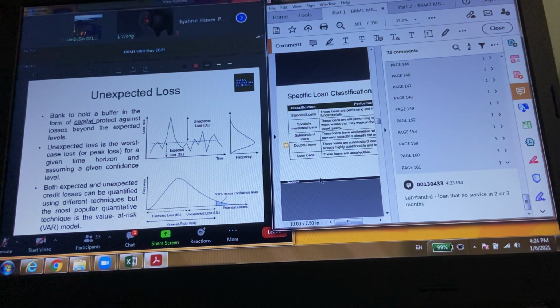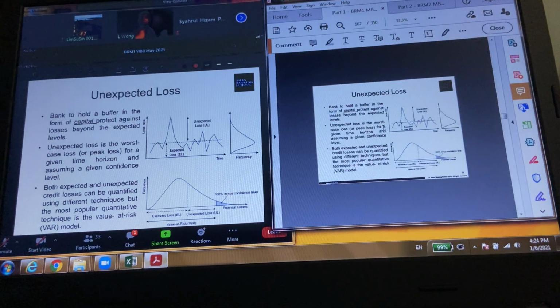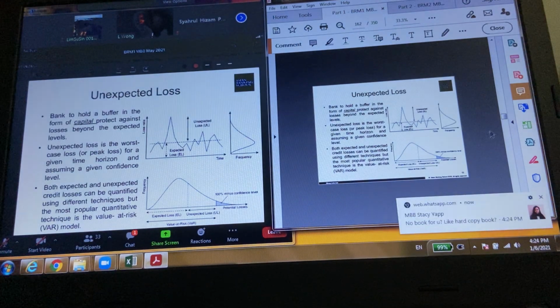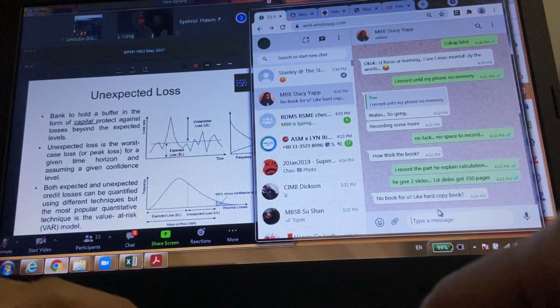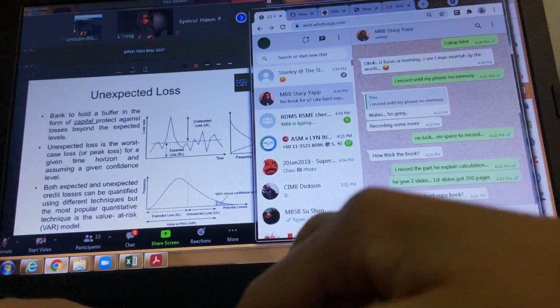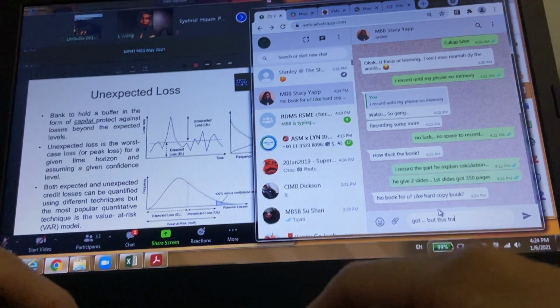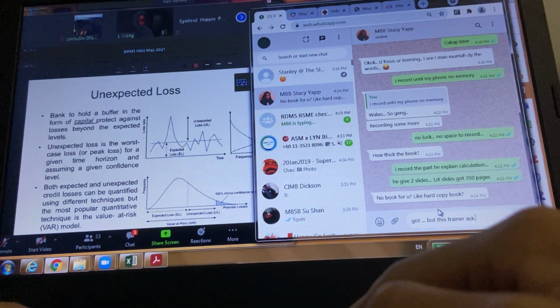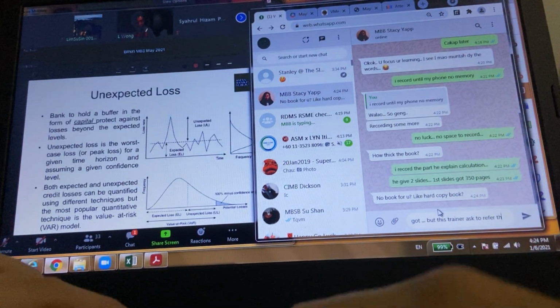In computation, we call it the mean loss, not an average figure. And the precaution we take is setting aside profit in the form of provisioning. It can be general provision on the overall portfolio or specific provision on individual loans.